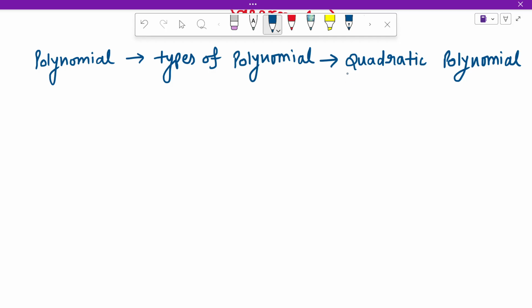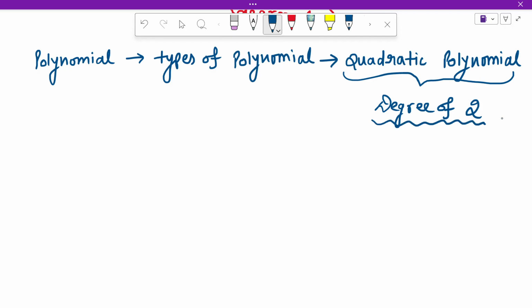And this quadratic polynomial will have a degree of 2.